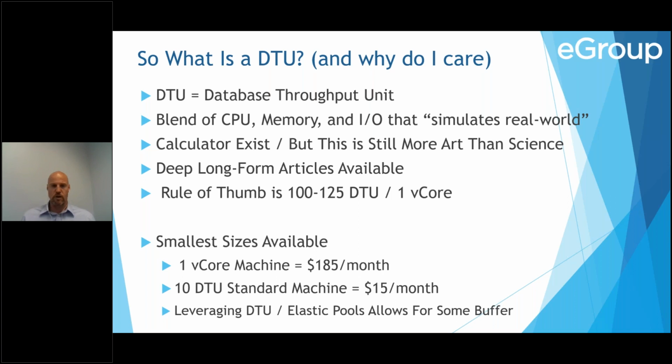So much smaller. So if you're running something that doesn't need a vCore, it makes a lot of sense. And again, you can lump those together to also leverage DTU if you have many machines that all use under one vCore.